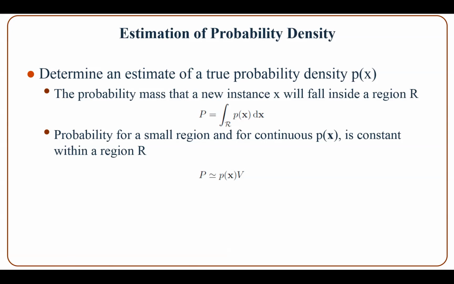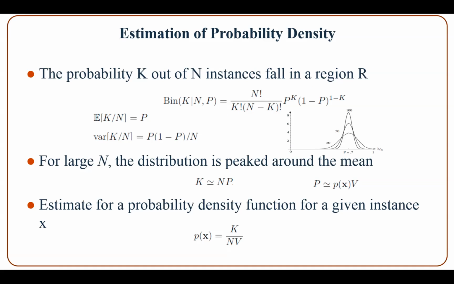For a small region and for continuous p of x, the probability is approximately p of x times v, in which v is the volume of the region R. Assuming that we have a data set with n observations from the density p of x, each instance or each point has a probability P of falling within the region R.